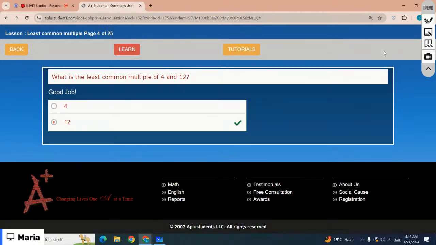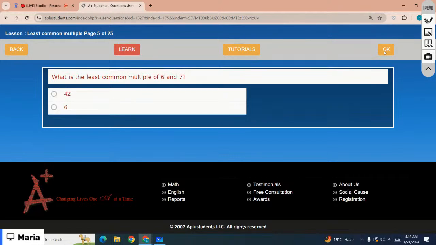The correct option is 12. 7 is a prime number.